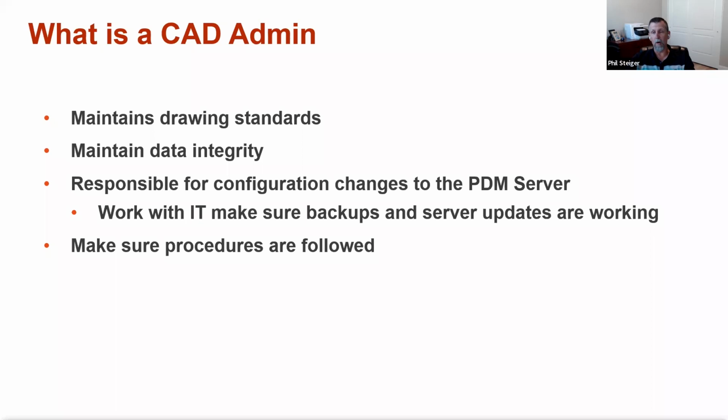And if you don't have Vault yet, the first thing you want to do is clean your data. If you're thinking about going to Vault, have clean data and spend the extra time beforehand, when you're going to implement Vault, to understand what your processes are going forward, and whether you're going to want to go into items, or attach to your PLM or an ERP down the road.